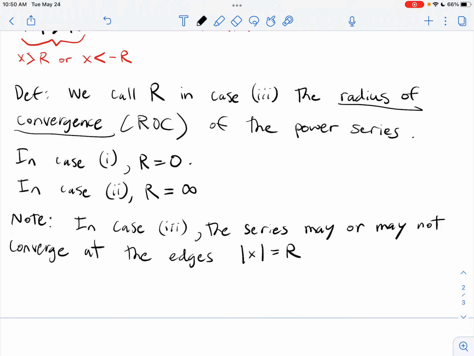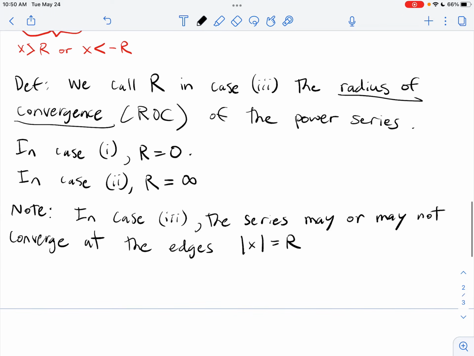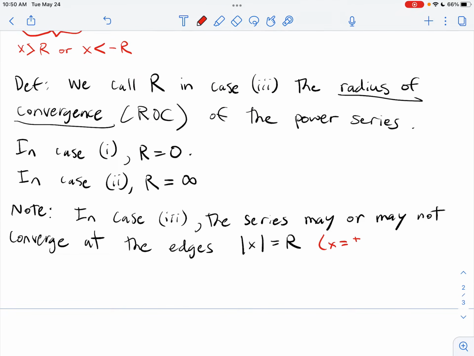You'll notice that we talked about the absolute value of x being less than r and the absolute value of x being greater than r, but we never talked about the absolute value of x being equal to r. And what does that actually mean? That means that x is equal to plus or minus r, right? So in those cases, we don't know whether or not it converges. So we must test the edges separately.